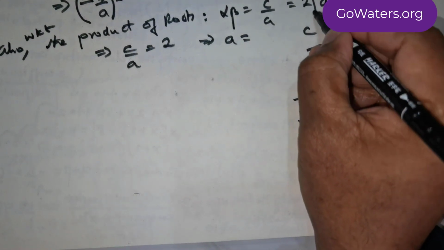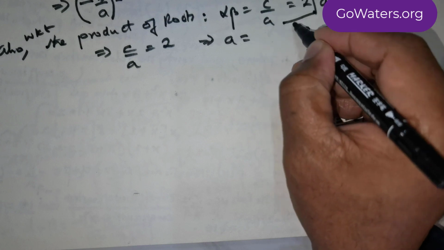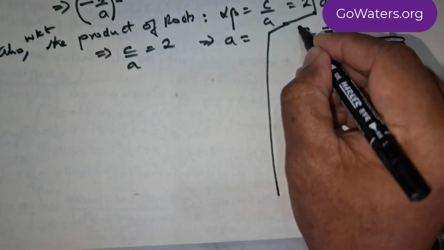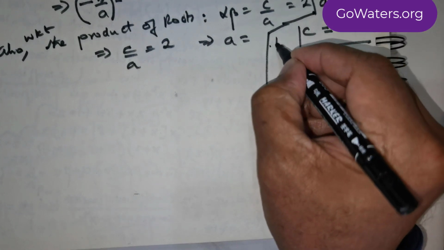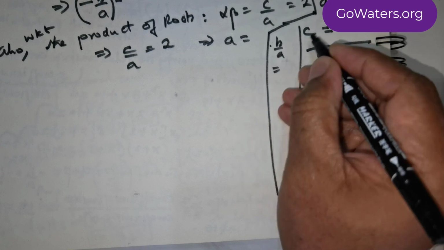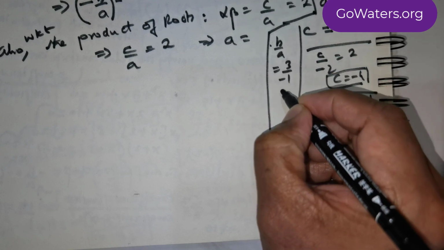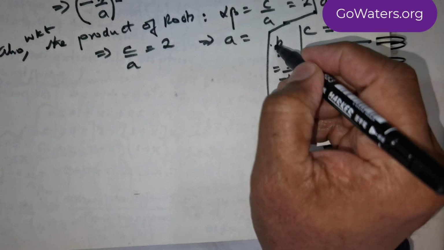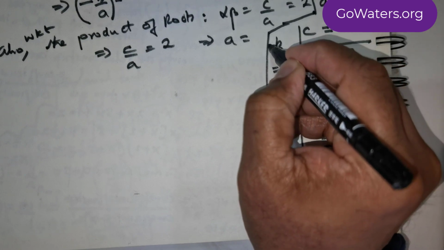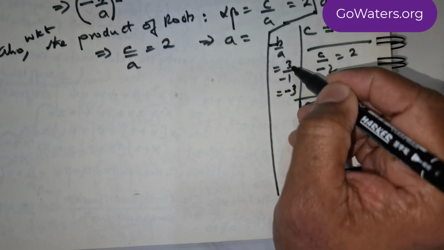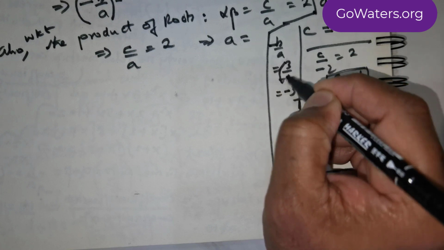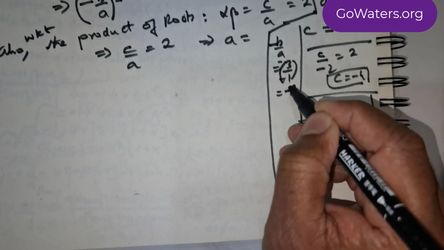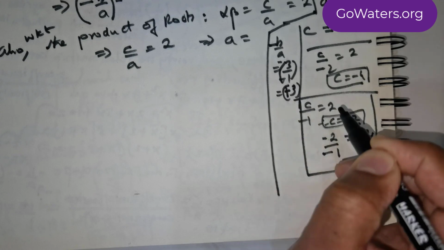This is fine, but there will be one problem over here. What is it? Suppose I were to take b over a, right? So b over a will be 3 divided by -1, which is going to be -3. That's fine. But apparently we are not taking b over a, we are taking negative of b over a. The moment I attach the quantity with a negative sign, I would convert this into a positive value.